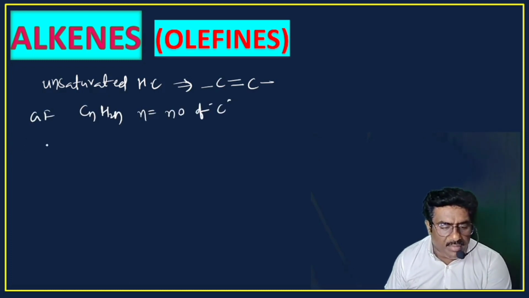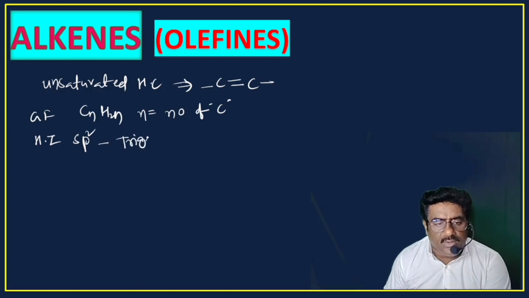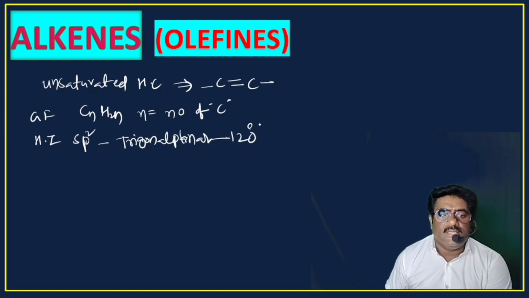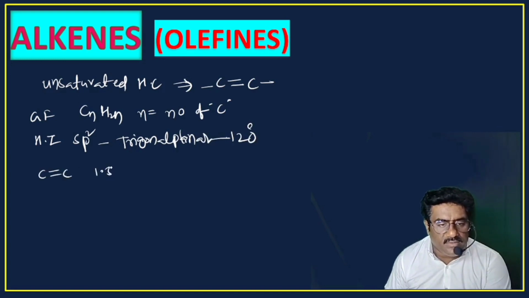Its hybridization is sp2, its geometry is trigonal planar. Its bond angle is 120 degrees. The carbon-carbon bond length is 1.34 angstroms.